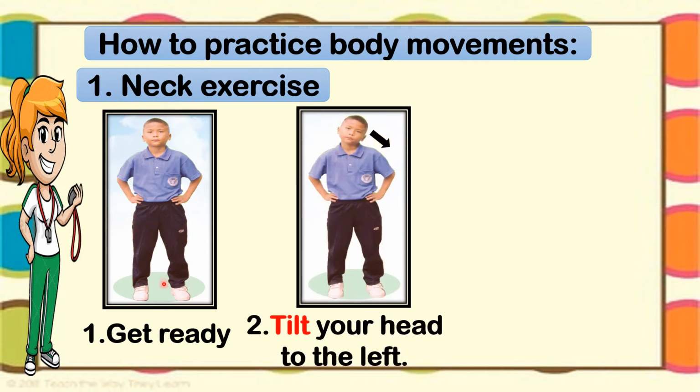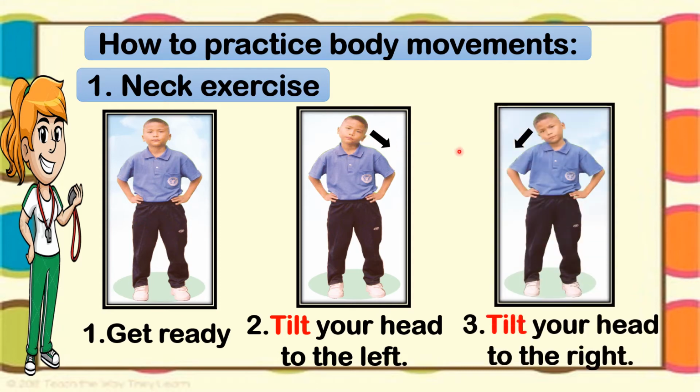This is the first thing, getting ready. The next step is you need to tilt your head to the left. For this example, this is your left part and you tilt your head to the left slowly. Number 3 here is you also need to tilt your head to the right. Tilt to the left and tilt to the right.